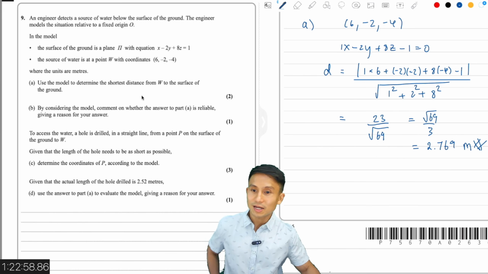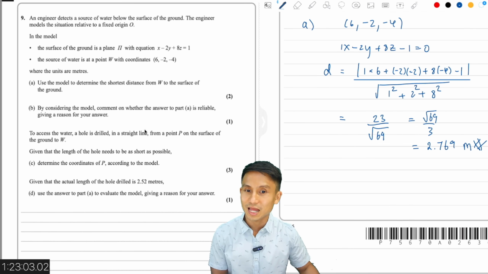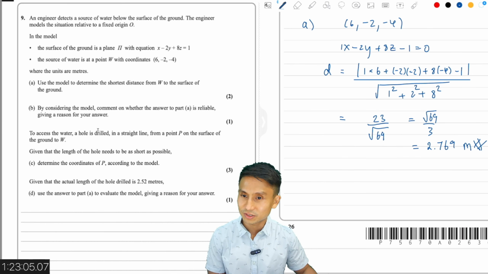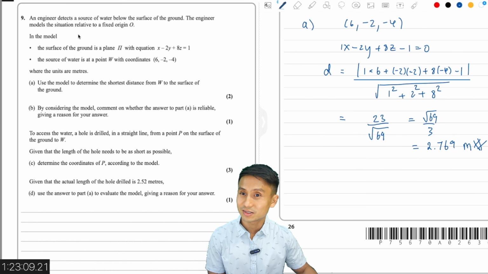All right. So B, by considering the model, comment on whether the answer to part A is reliable, giving the reason for your answer. Okay. Engineer detects a source of water below the surface of the ground. The engineer models the situation relative to fixed origin. I'm just going to say that the ground might not be flat, because the plane in linear algebra here is flat.